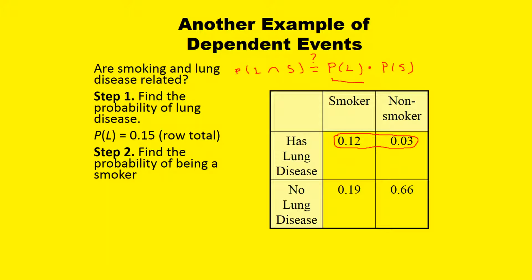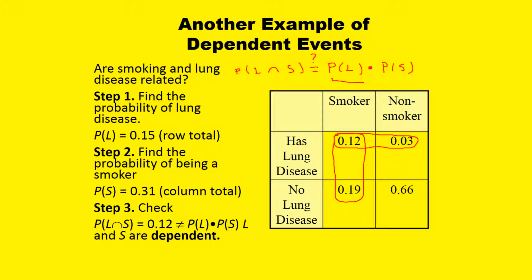Probability of smoker, well, that is first column, and 0.12 plus 0.19, that's going to be 0.31. And now we're going to multiply those two things. That's our right hand side here. And is it equal to the probability of lung cancer and smoker? Well, no, it's not.